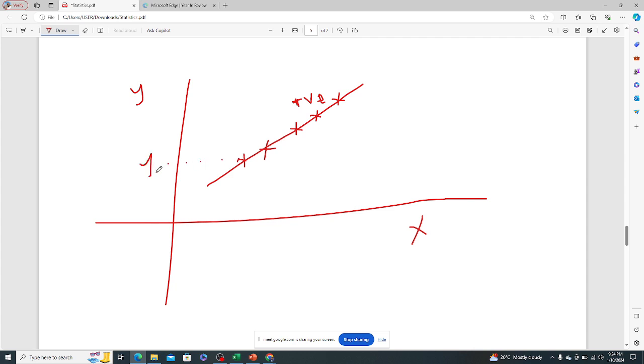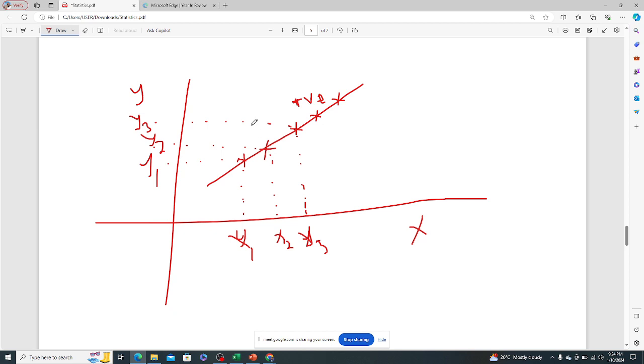This is y1, and this is x1. Let's go to the other point: this one is x2 and this one is y2. If we go to the third point, this is y3 and here we have x3.